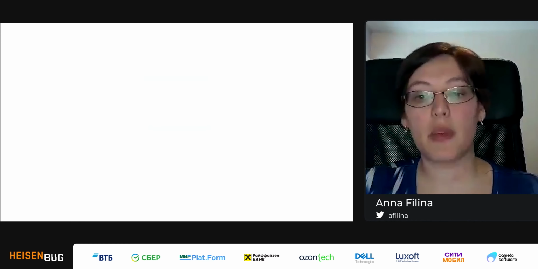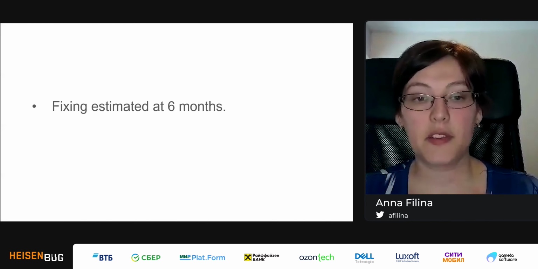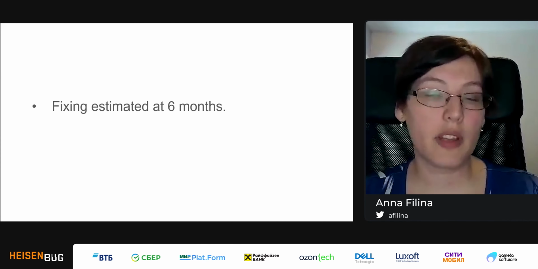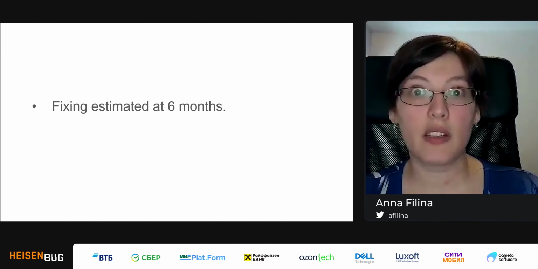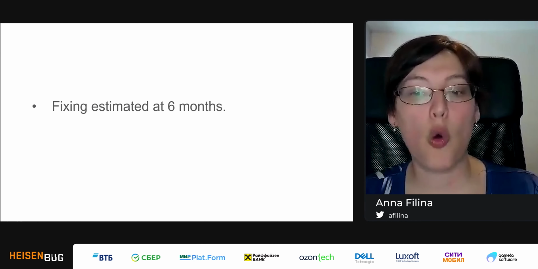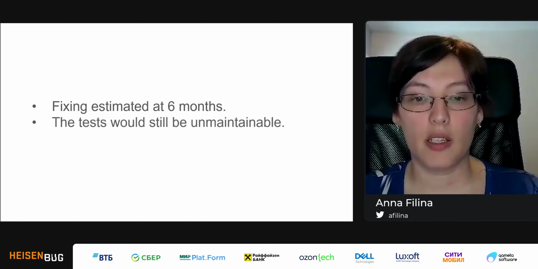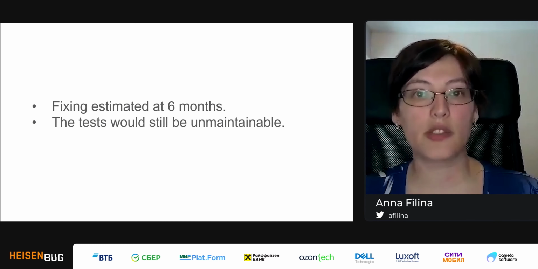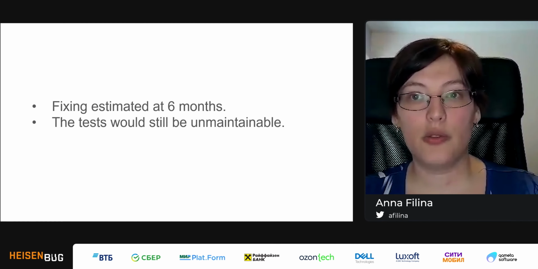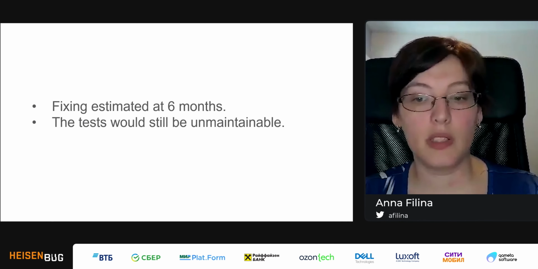After fixing a couple of tests, we estimated that everything would take 6 months, which was ridiculous. And even if we did fix them, they would still be horrible tests. They would be unmaintainable. So why would we bother putting in so much effort just to end up with not really good tests?